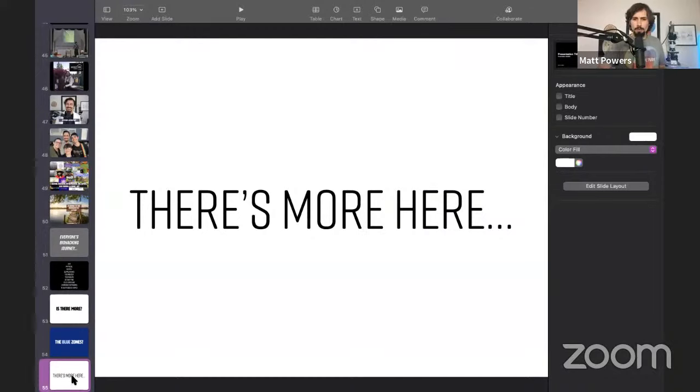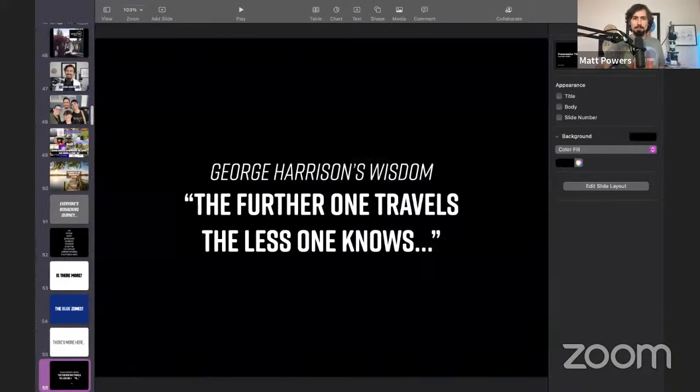There's a lot more here. Remember the blue zones? People are living the longest in the blue zones. George Harrison's wisdom. You know, George Harrison from the Beatles, he has that song where he's talking about the further one travels, the less one knows. Arrive without traveling, all that, right?